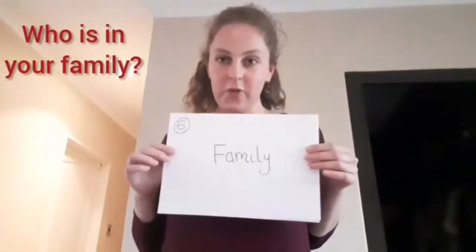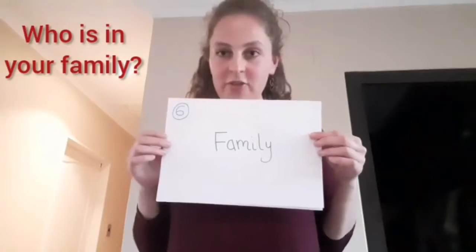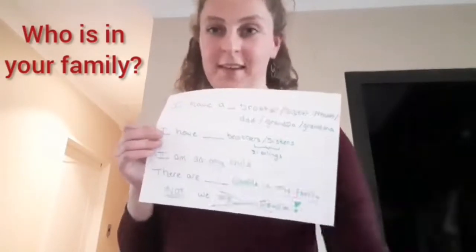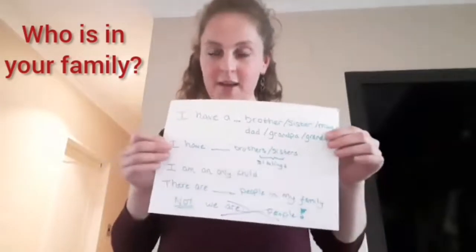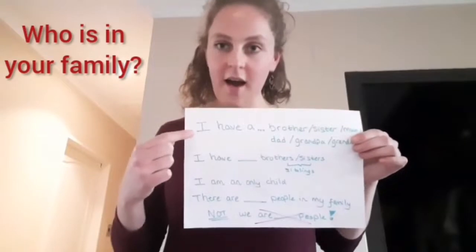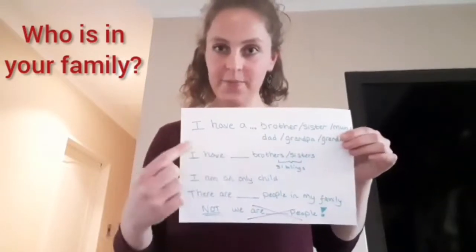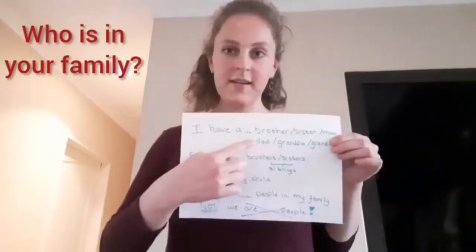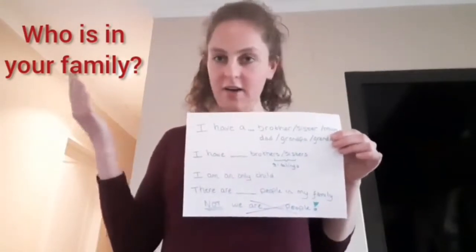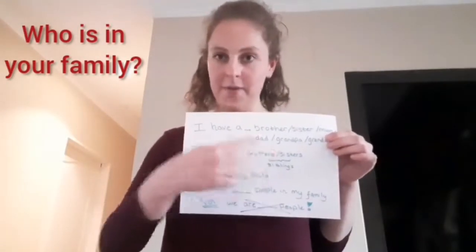Now, of course, we have to talk about our family when we introduce ourselves. How can we not? So, to start off simply, you can just describe who is in your family. I have a brother, sister, mum, dad, uncle, aunt, grandma, grandpa.